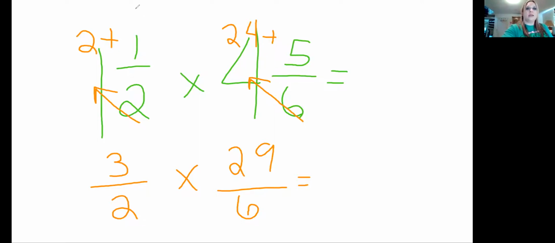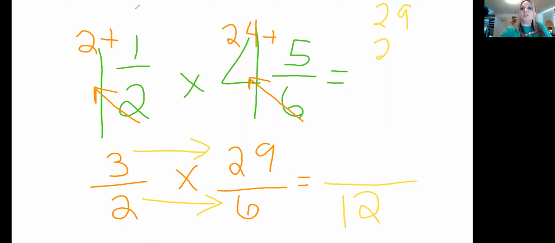So I need to multiply this way, and that color is not going to work for me. Well, why not? Let's try yellow. Hopefully you can see it. I'm going to start with my denominator, because that one's easy. The one that's a little bit trickier for me is the 29 times 3. So I can use repeated addition and add 29 3 times.